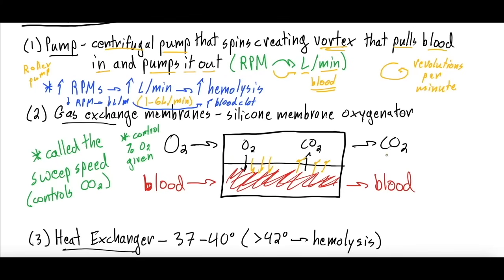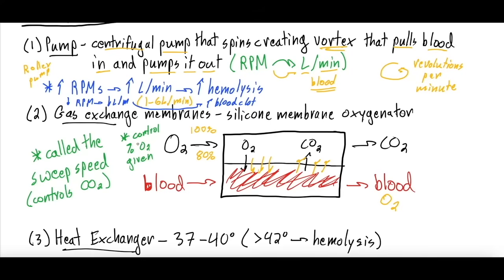Then the sweep expels the carbon dioxide, and what is left is oxygenated blood. You can control how much FiO2, the fraction of oxygen, you are sweeping past the membrane. For people who need more oxygen support, you can make this 100% oxygen. For people that need less oxygen support, because you don't want them to be oxygen toxic, you could set it wherever you want, 80%, 60%, etc.